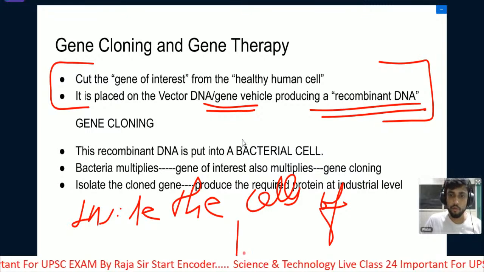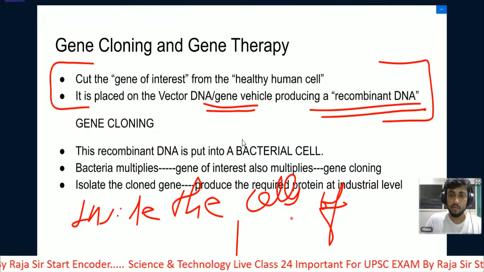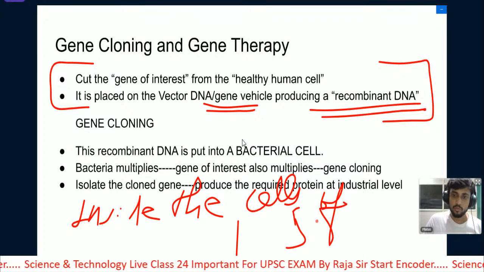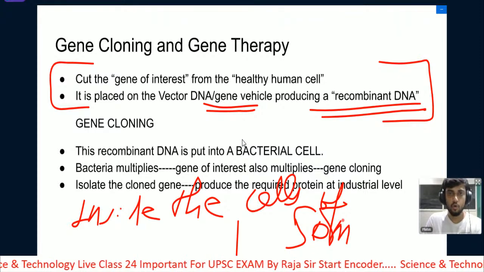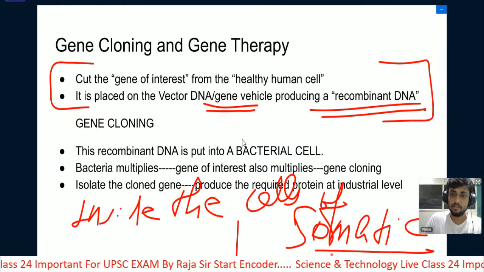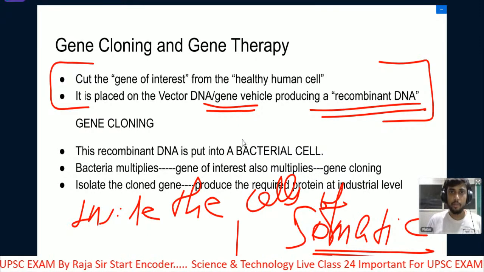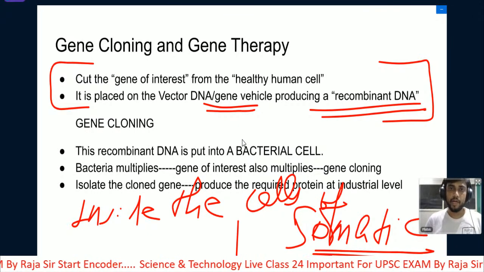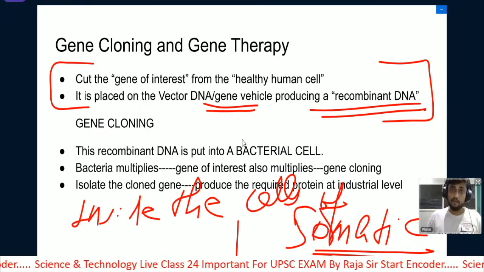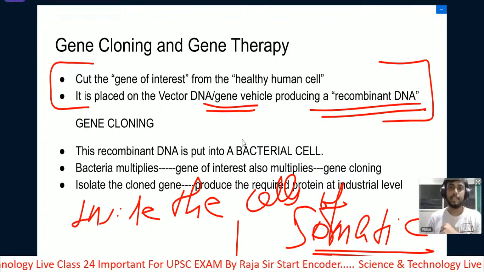But if you do it with a grown adult, then you have to provide this copy of the gene to every somatic cell of the body. Suppose I am diabetic and you are giving this rDNA to me, then you will have to provide this copy to the majority of my somatic cells.